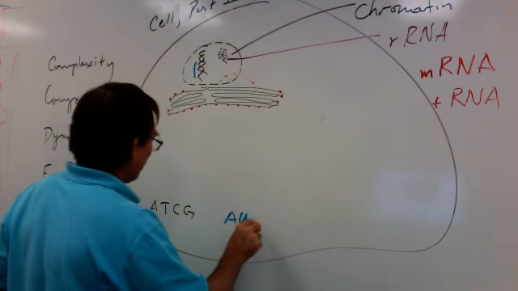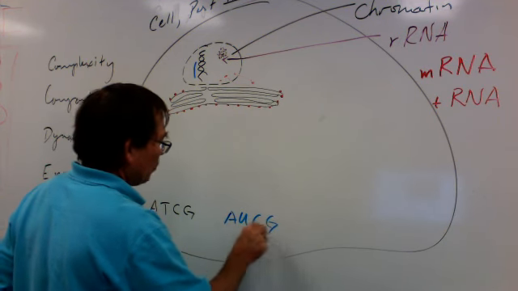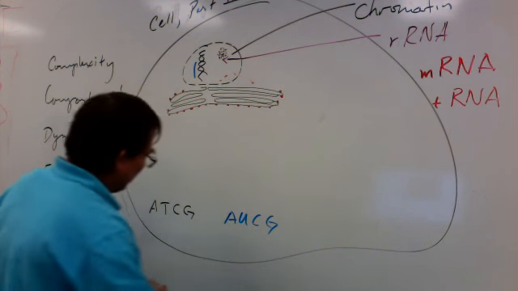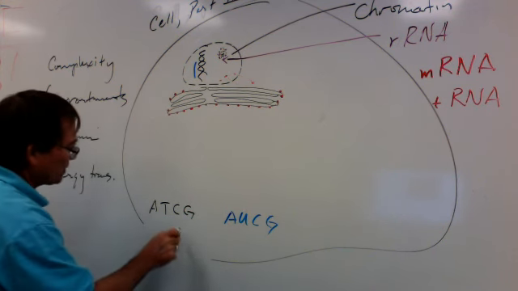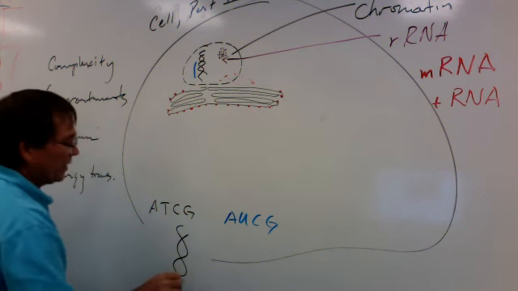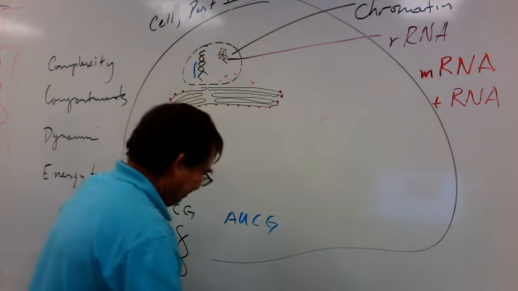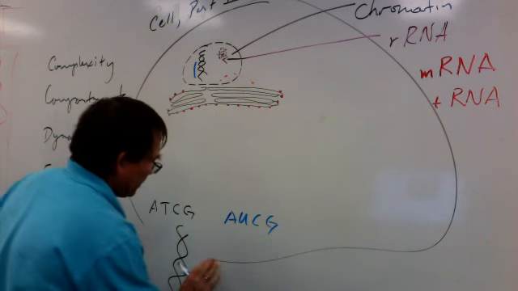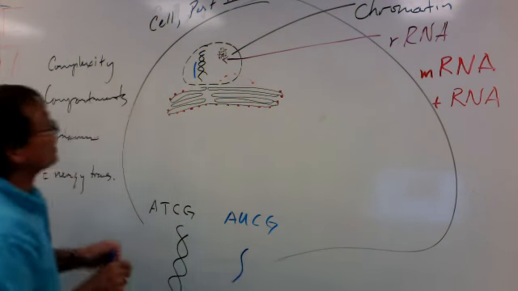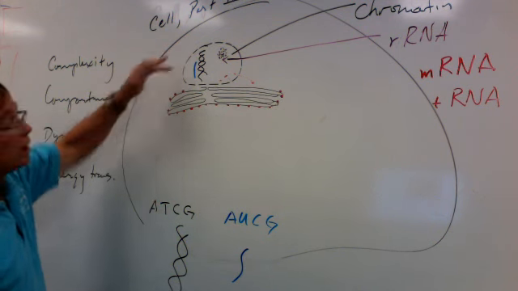Instead, it has uracil, it has cytosine, and guanine. And unlike DNA, which is a double helix and a more stable molecule, RNA only has a single strand. It's not a double helix. So that's why I've drawn it here as just a blue line.